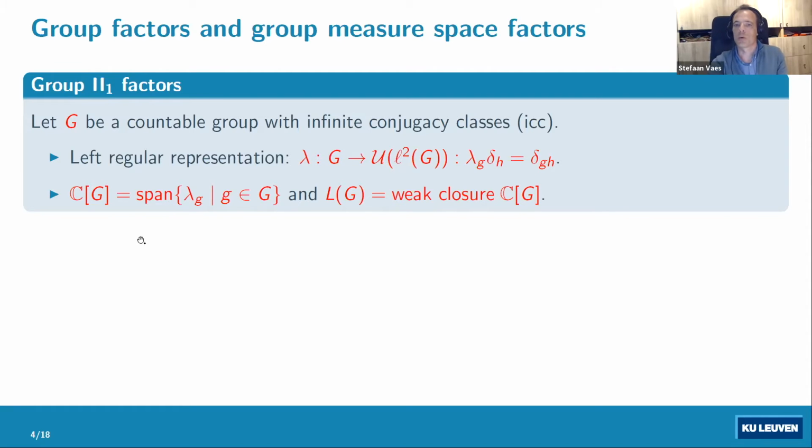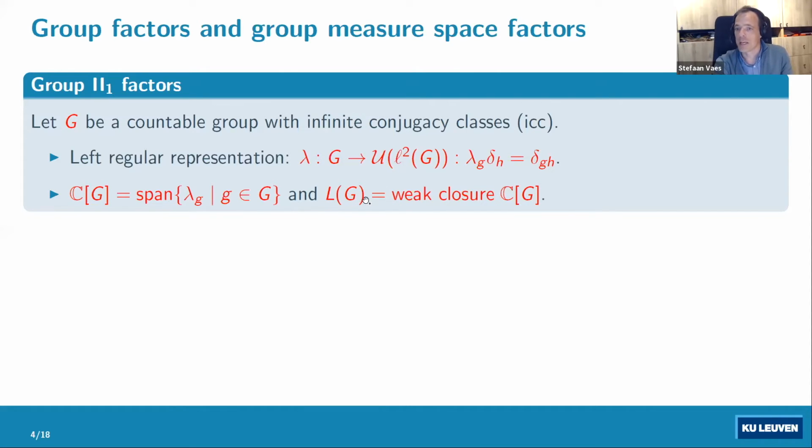And then the first operation you could do is to take the linear span of these unitary operators. What you define in that way is the group algebra C of G. And taking its weak closure, of course, you get a von Neumann algebra, and that is called the group von Neumann algebra. That construction also goes back to Murray and von Neumann.